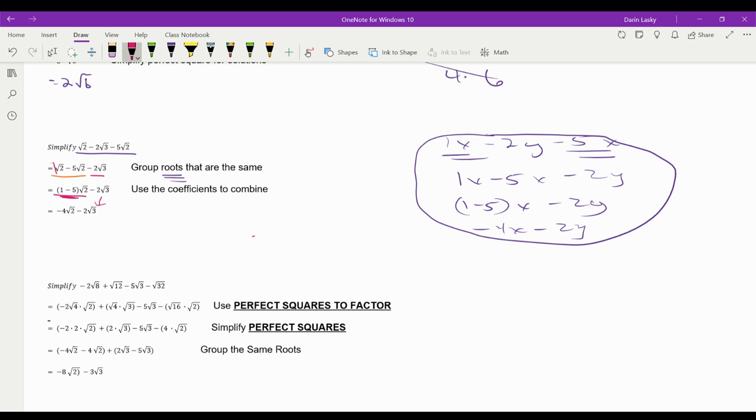It'll be done here in a second. So if we look at this the same way here, I'm just going to go to a pointer, guys, so it doesn't flash on us. Okay. Oh, nope, it's going to flash on us. I don't know where my pointer is. I think it's locking up on us. So let's get through this real quick. So if we look at here, I have to use my perfect squares to break these up.